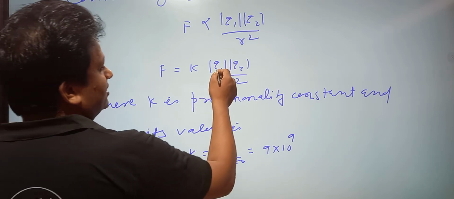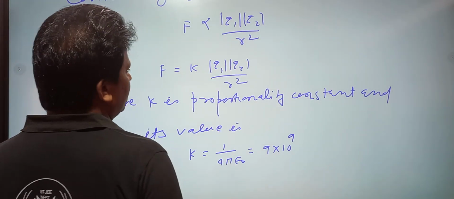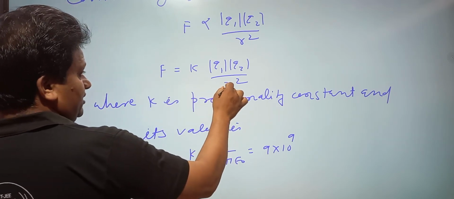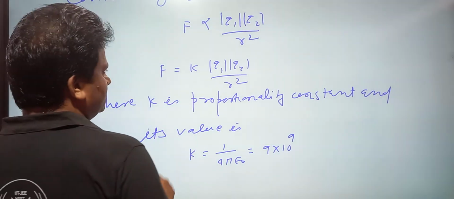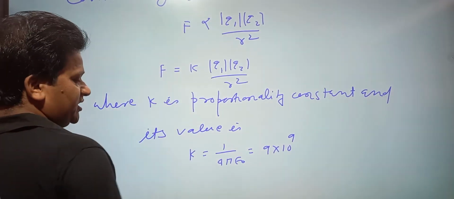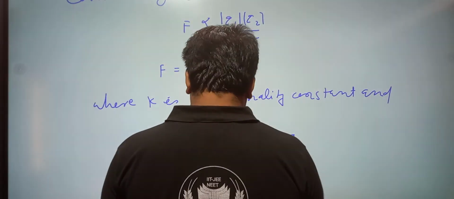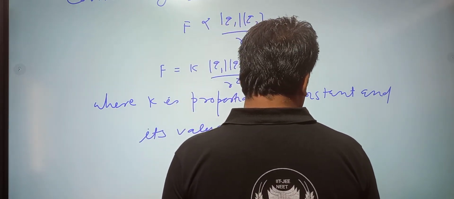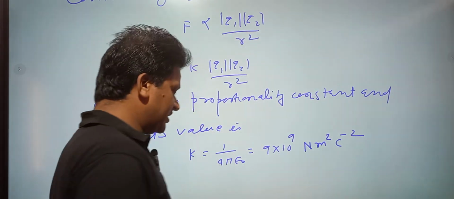The unit of Q1 Q2 is coulomb square, r square is meter square, and the unit of force is Newton. So the unit of K is Newton meter square per coulomb square. Is it clear?